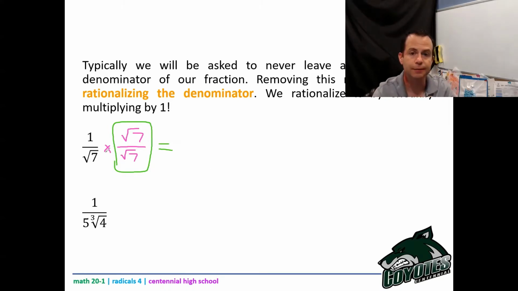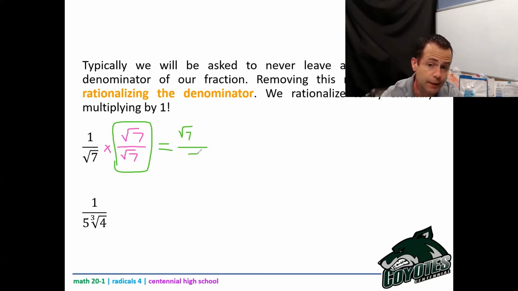So when I'm multiplying fractions, I multiply the tops, multiply the bottoms. So I've got 1 times root 7 is root 7. And then root 7 times root 7 is just 7. Okay. We didn't make the radical entirely disappear. We essentially just rewrote the form so that it's on top instead of on the bottom.